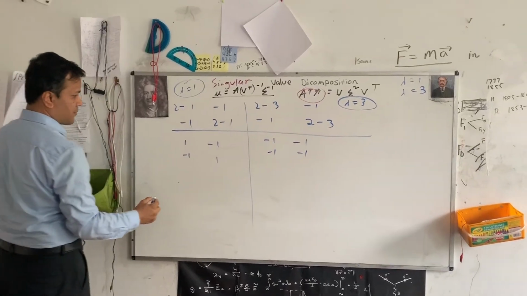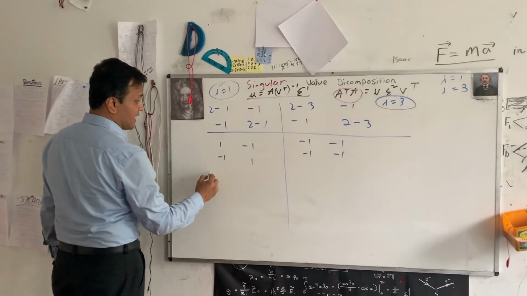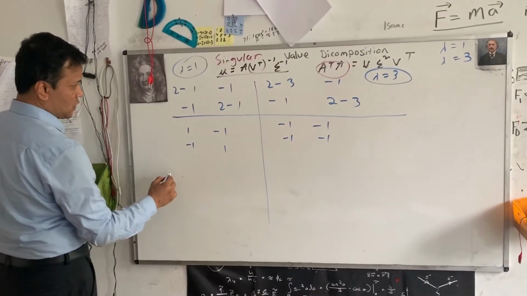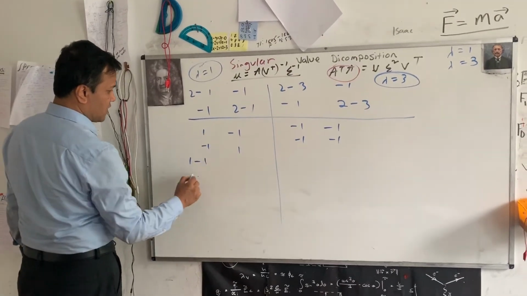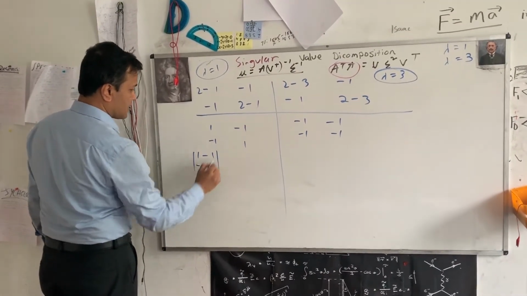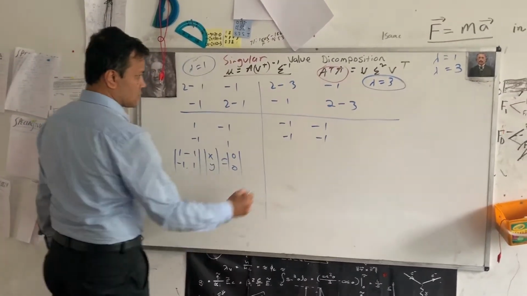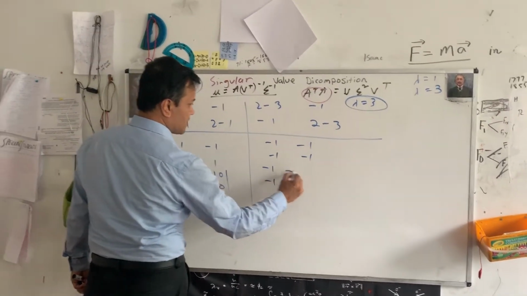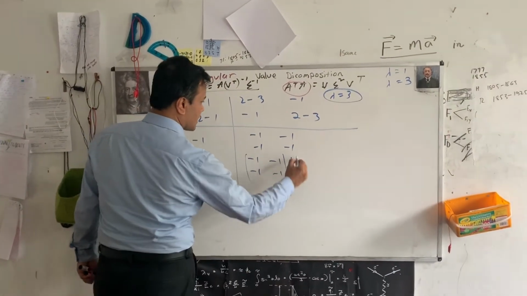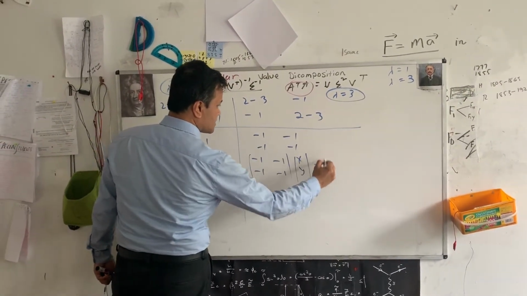Now you have to do A B equal to x. So [1, minus 1; minus 1, 1] times [x, y] equal to [0, 0]. And [minus 1, minus 1; minus 1, minus 1] times [x, y] equal to [0, 0].